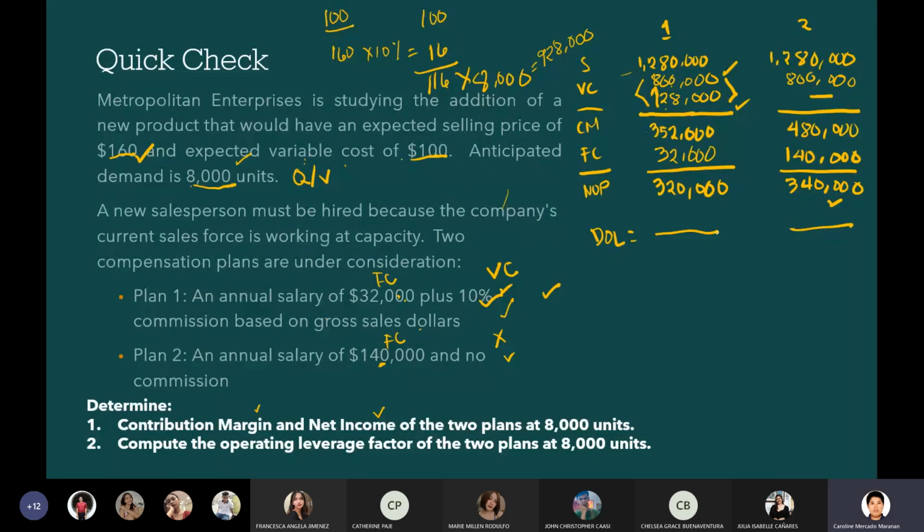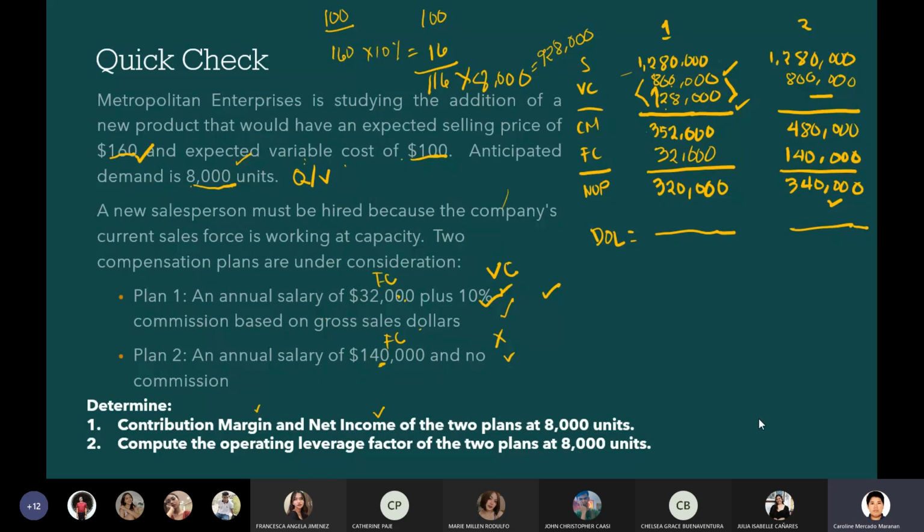Althea May Vidal. Althea. So we have Nathaniel Quadrante.